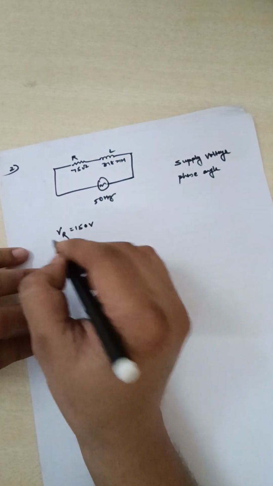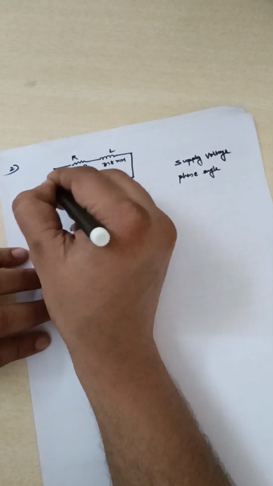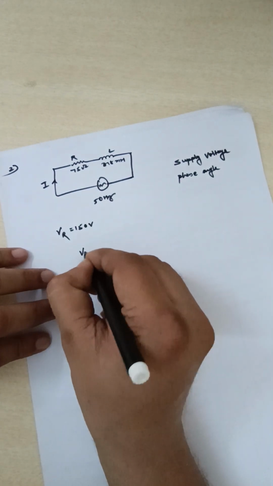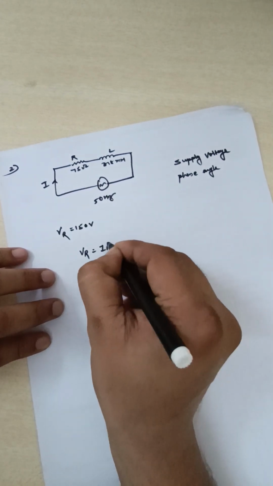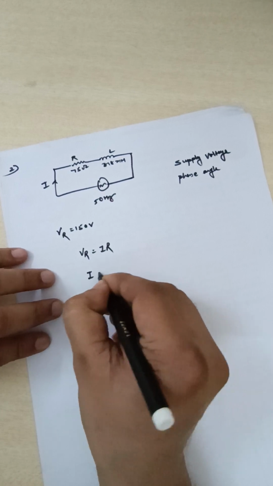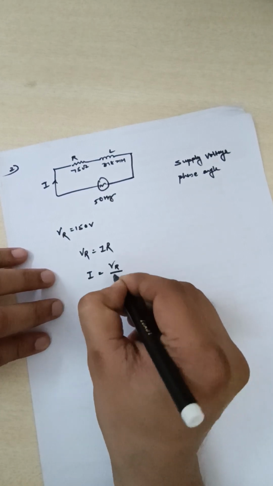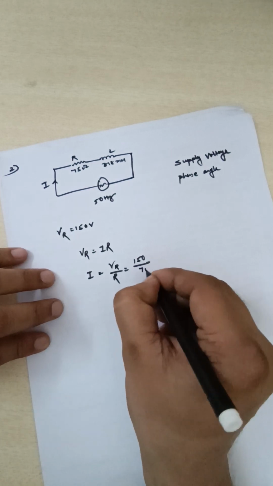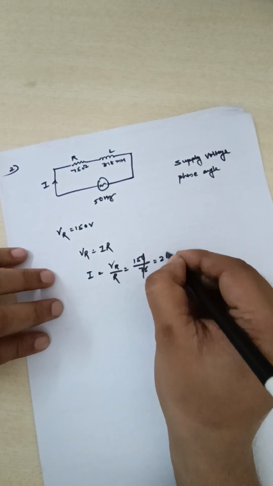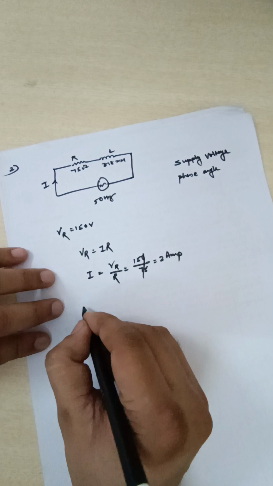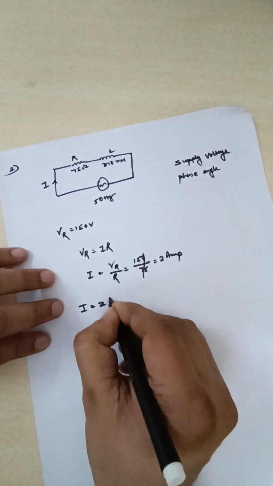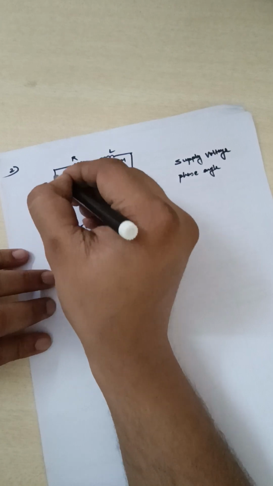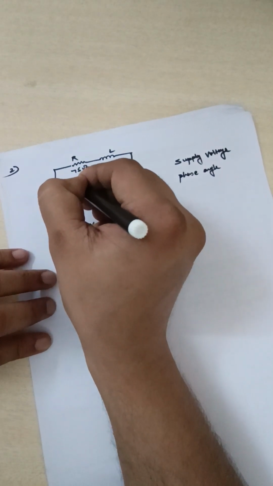When VR is given, as we know that in a series circuit the current will be the same, VR will be equal to I into R. R is given, so I will be equal to VR upon R. VR is 150 volt, R is 75 ohm. So current will be equal to 2 ampere. This is the value of current that will flow in the circuit. Clear? Here I is equal to 2 ampere.